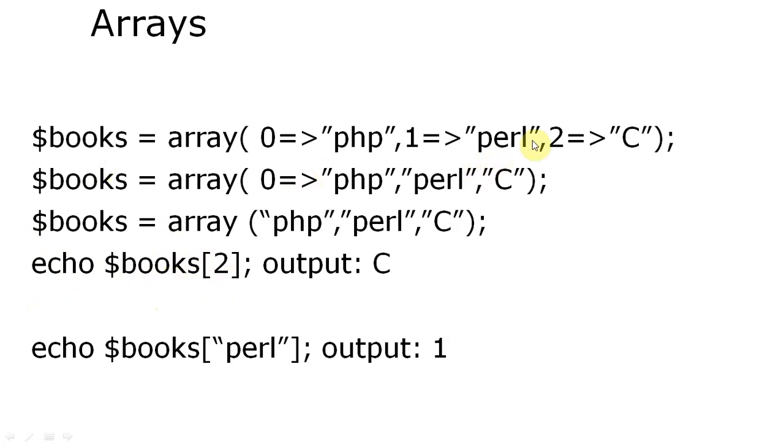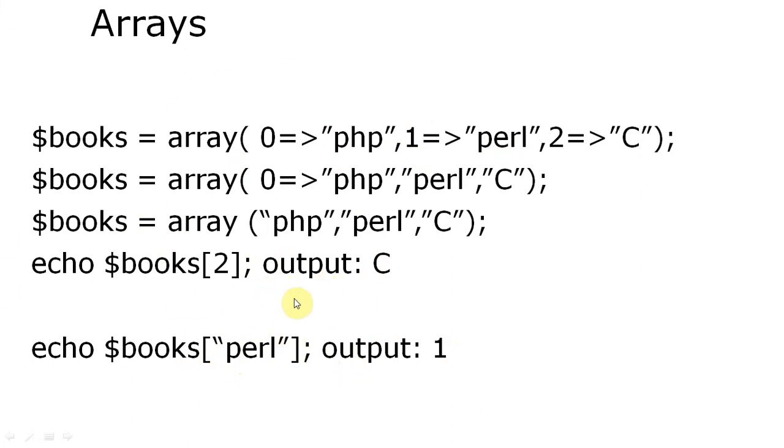The second position of the books array is C, so the output will be C. And in the same way we can write this type of output statement, echo dollar books and Perl, which displays at which position Perl is stored. You can see here Perl is stored at position 1, so the output will be 1. So we can return the value as well as their subscript.